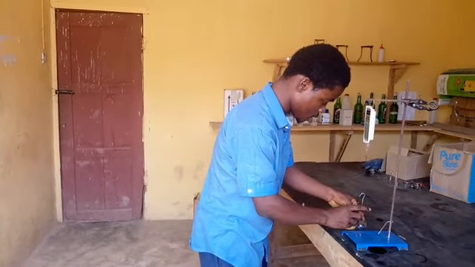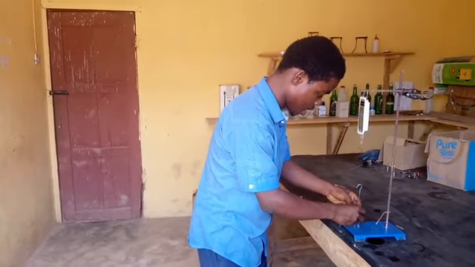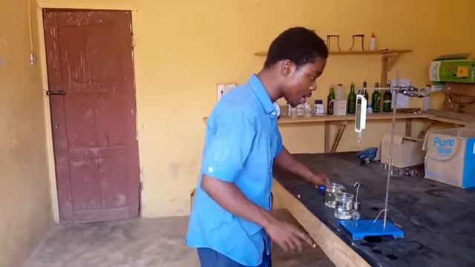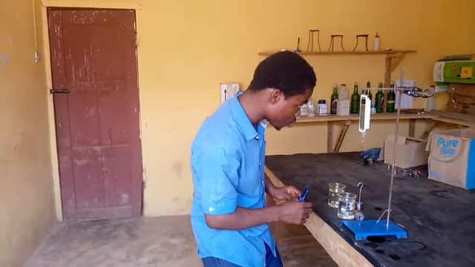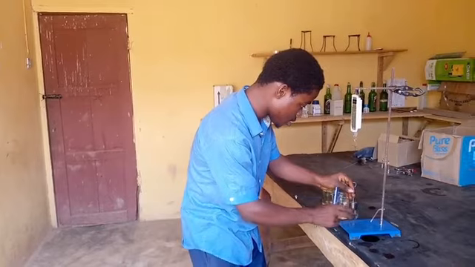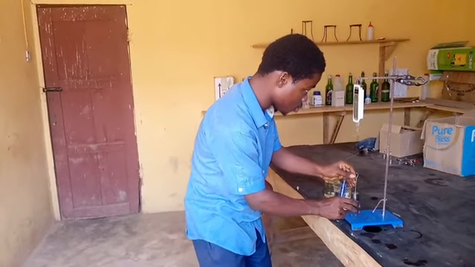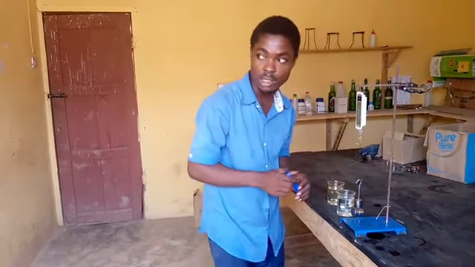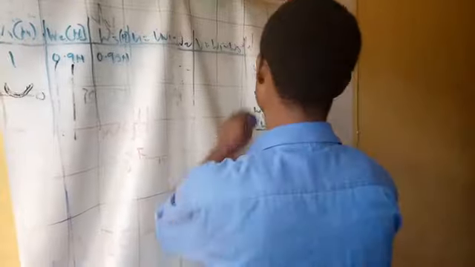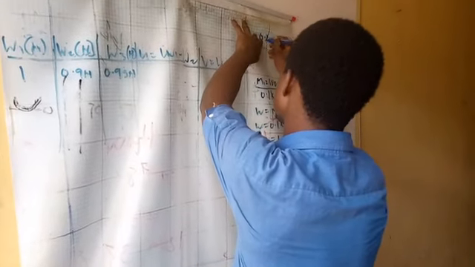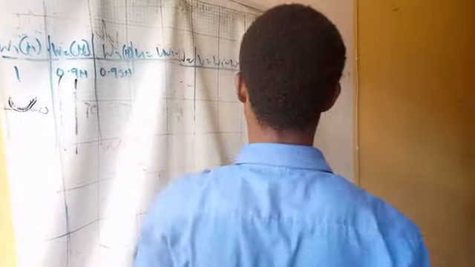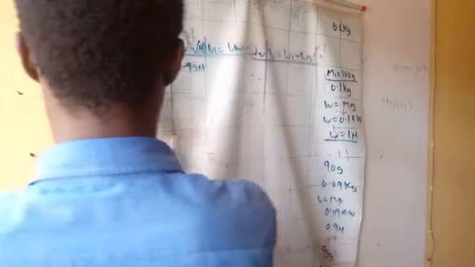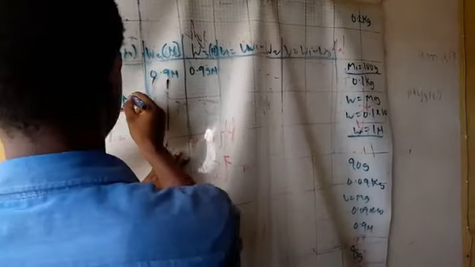When I check, I have my 200 grams. Don't forget that 200 grams divided by 1000 will be equivalent to 0.2 kg. If I multiply by 10, that's equivalent to 2 Newton. So what I have here is 2 Newton.